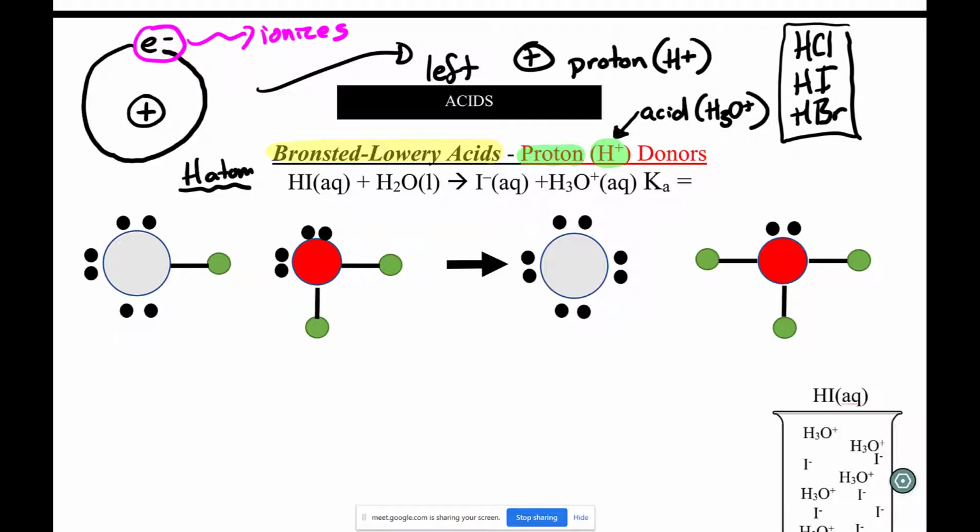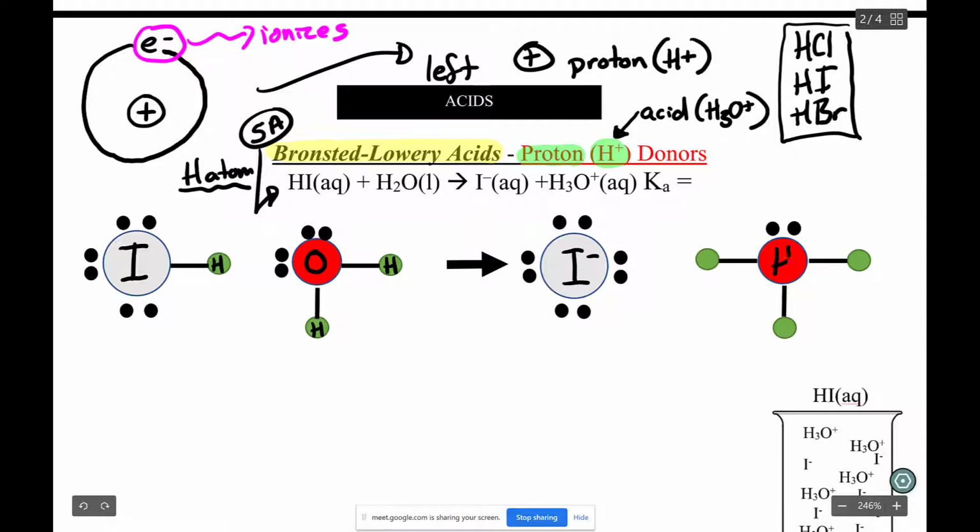So what I'd like to look at first is the ionization of hydrogen iodide, which is a strong acid, with water. Looking at these diagrams, I'm going to fill in what everything represents. This would represent an I, and this would represent an H, H, O, H, and so on. This would be I minus, and this would be H3O+.